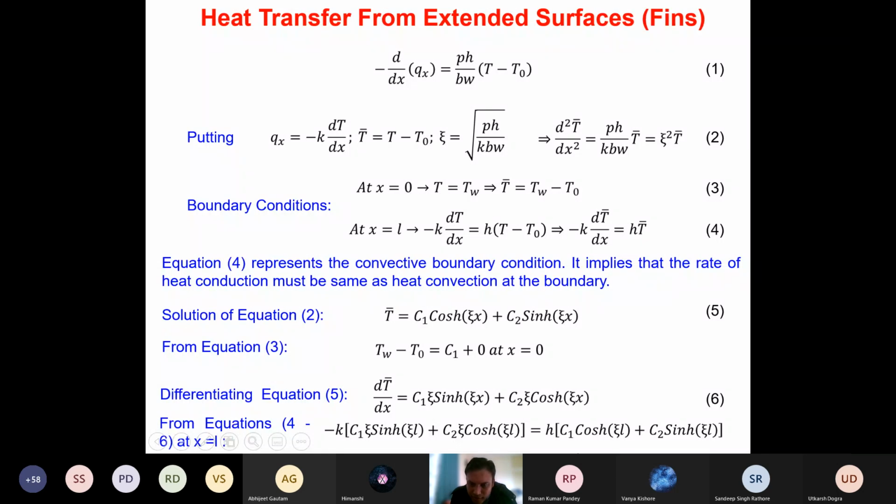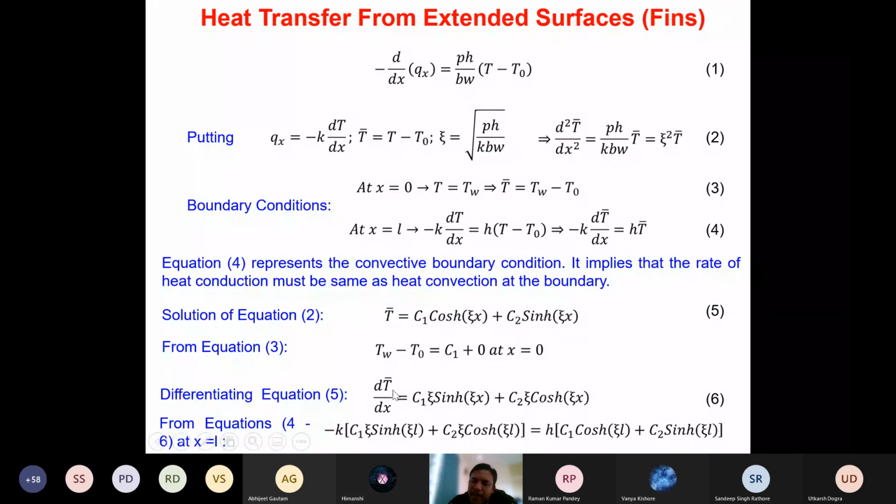So that is what we have equated here, isn't it? Minus k dT bar by dx is equal to h T bar. This is what we have written here by differentiating this equation. Is it clear to everyone, this part? Yes, sir.